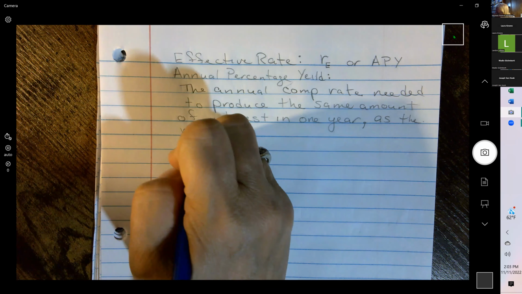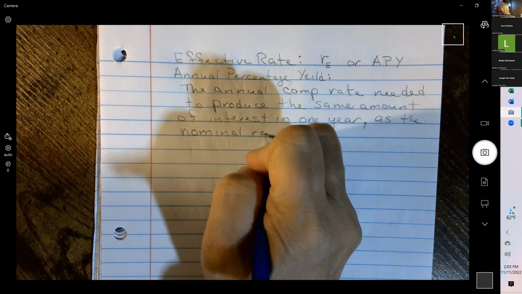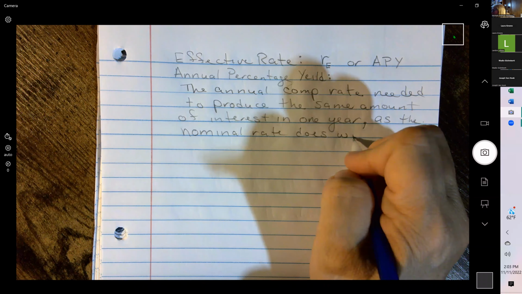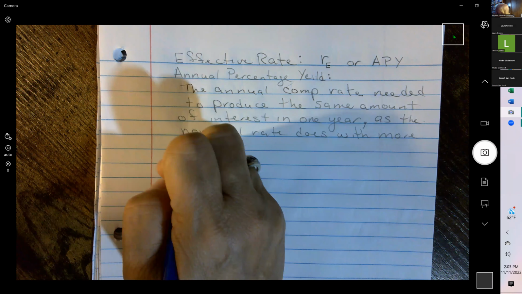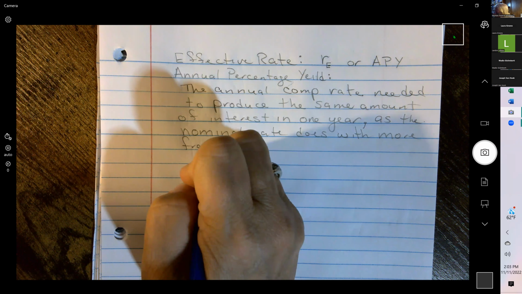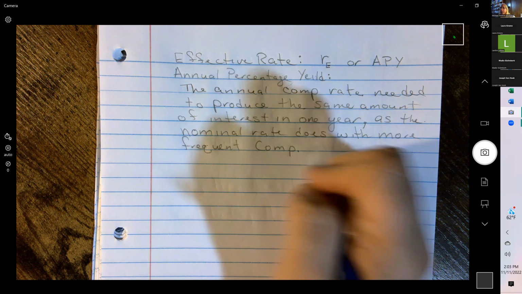As the nominal rate does with more frequent compounding.